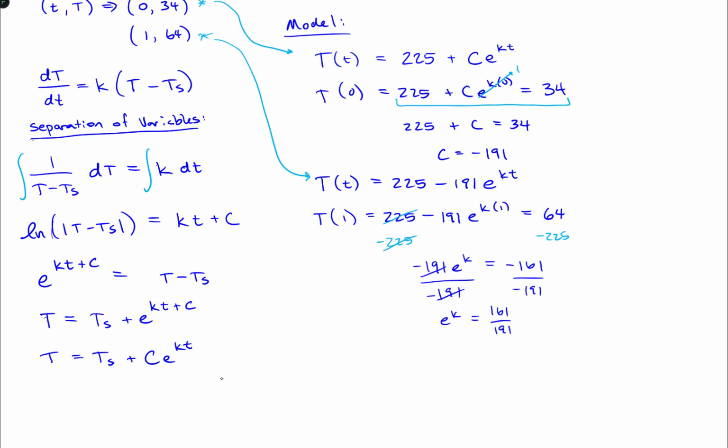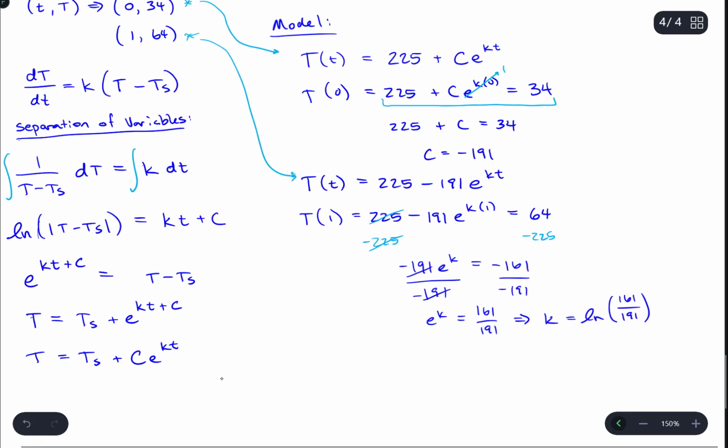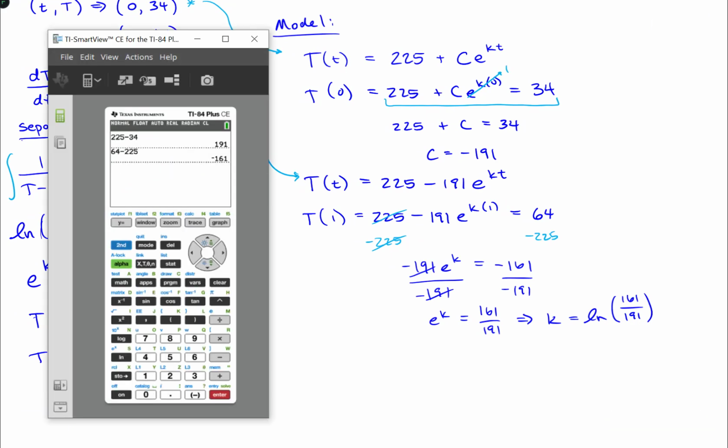Changing that into logarithmic form, what I now learn is that k is equal to the natural log of that, 161 over 191. And I can plug that into the calculator to approximate it. And I'm not sure if it's totally worthwhile, but we'll go ahead and do it. So negative 0.1709.